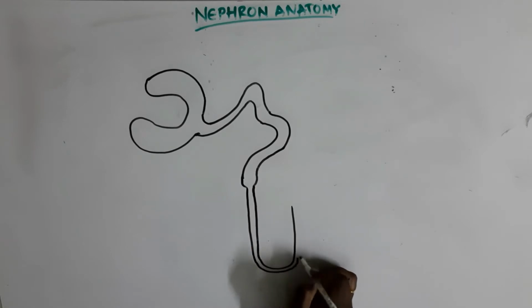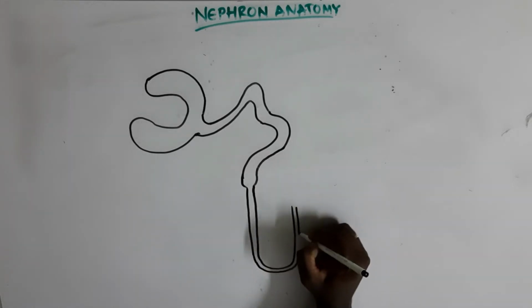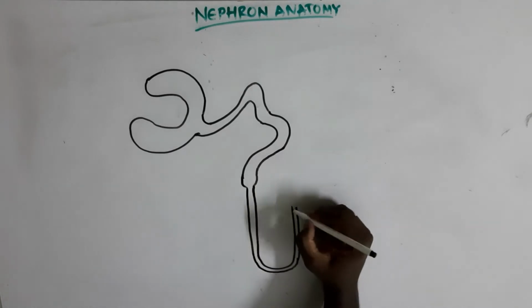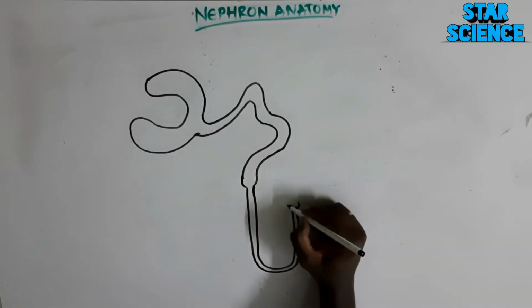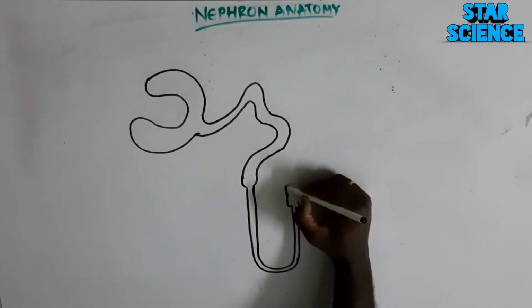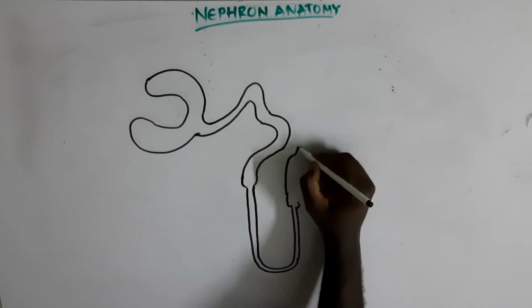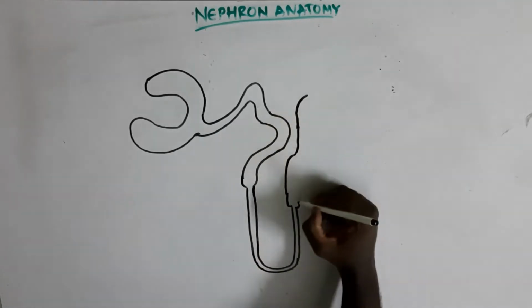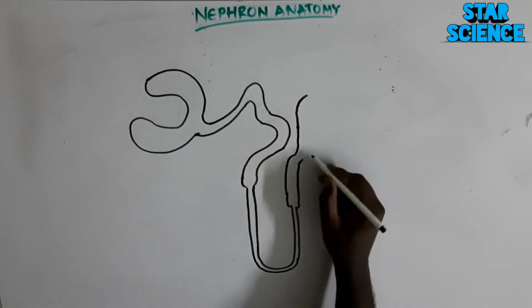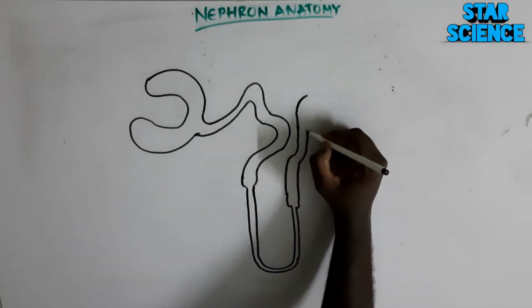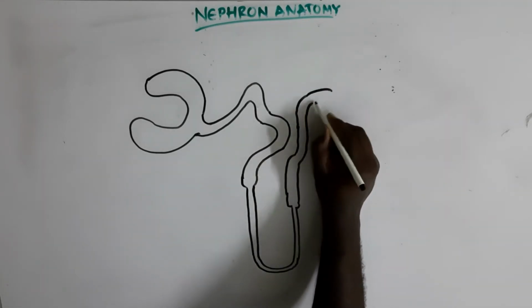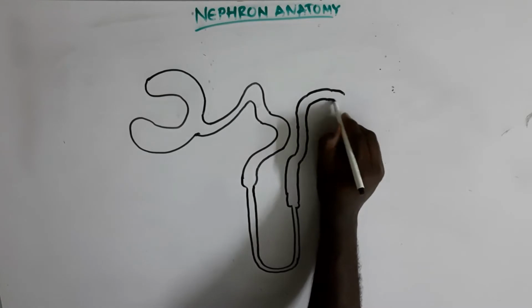After that, it joins the collecting ducts. From there it goes on to the renal papillae, and from them to the major calyces, and from there to the renal pelvis. From there it is connected to the ureter and to the bladder.